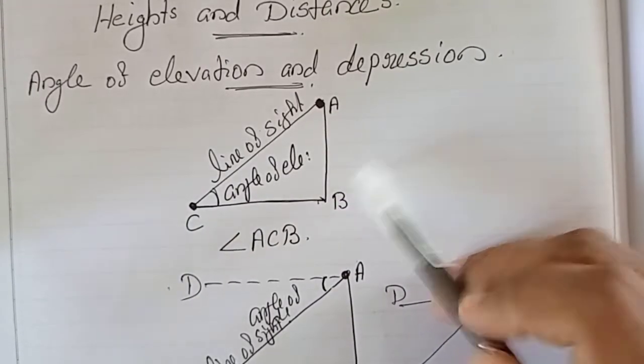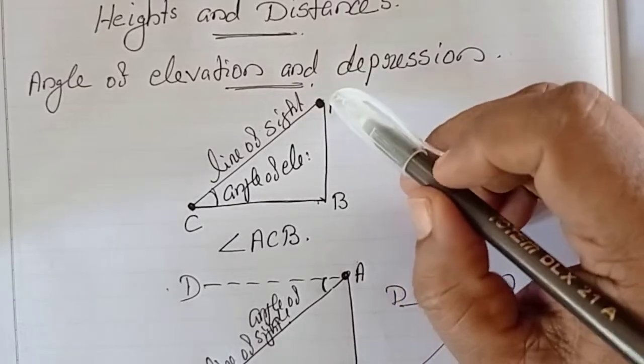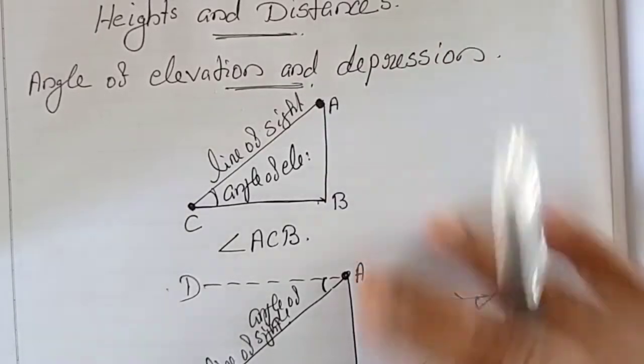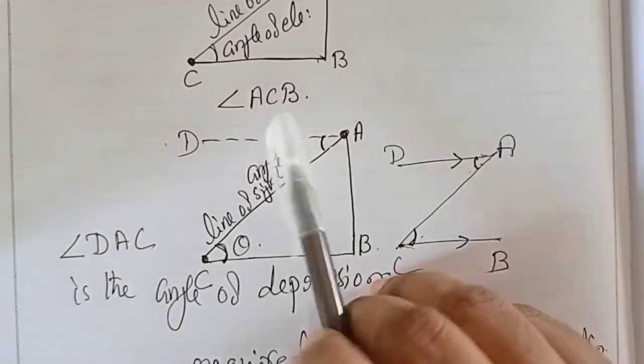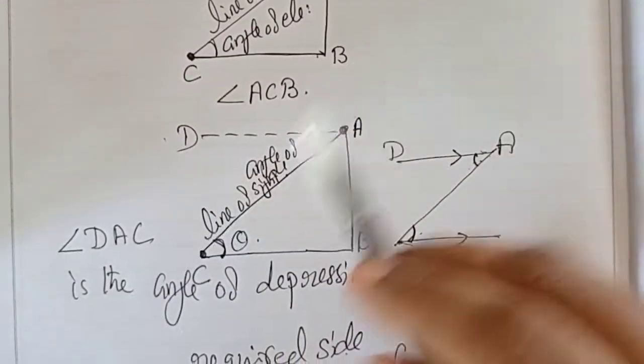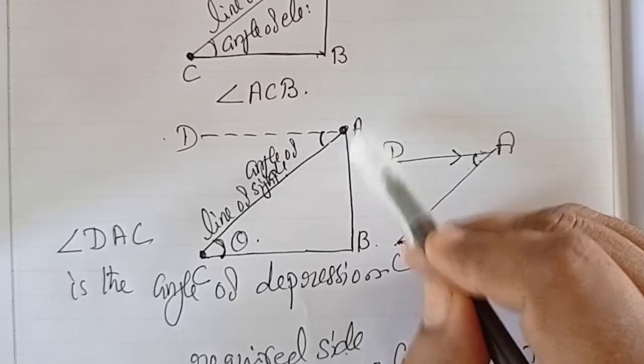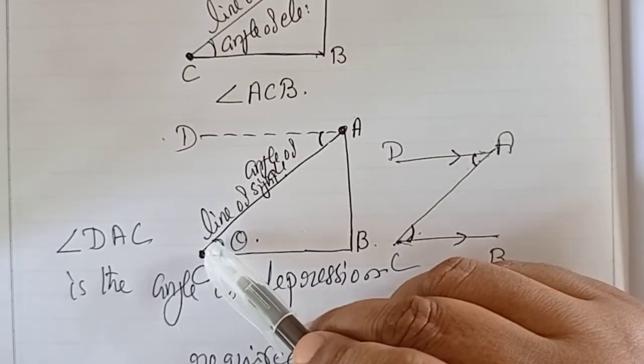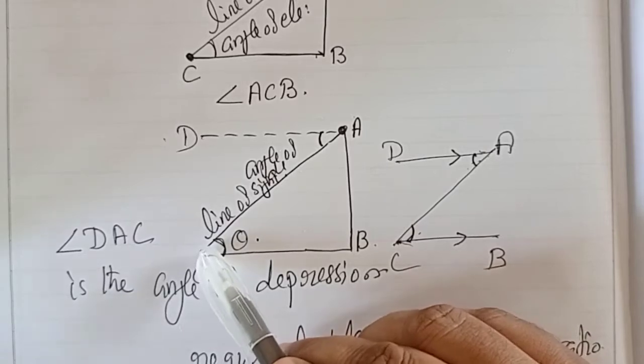Remember the point. In the case of angle of elevation, the object is above the ground. And when you consider the angle of depression, the man is on the top of the tower and the object is on the ground.